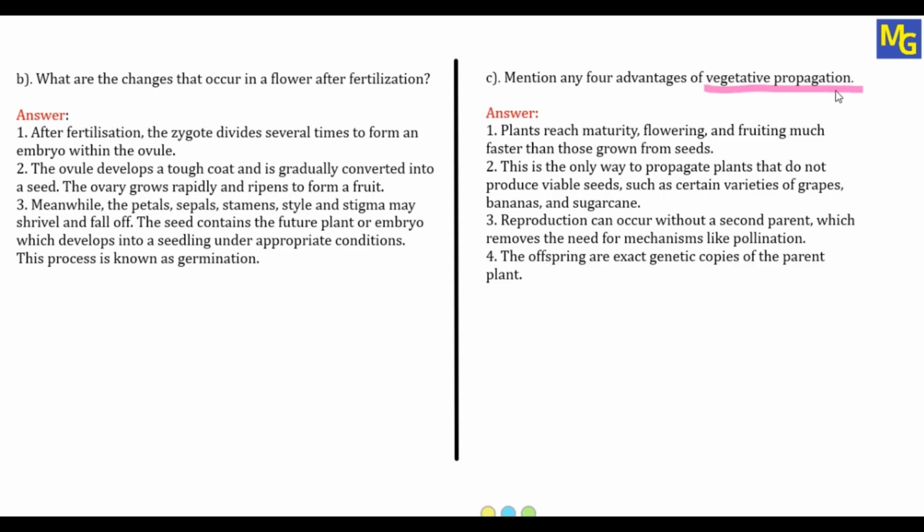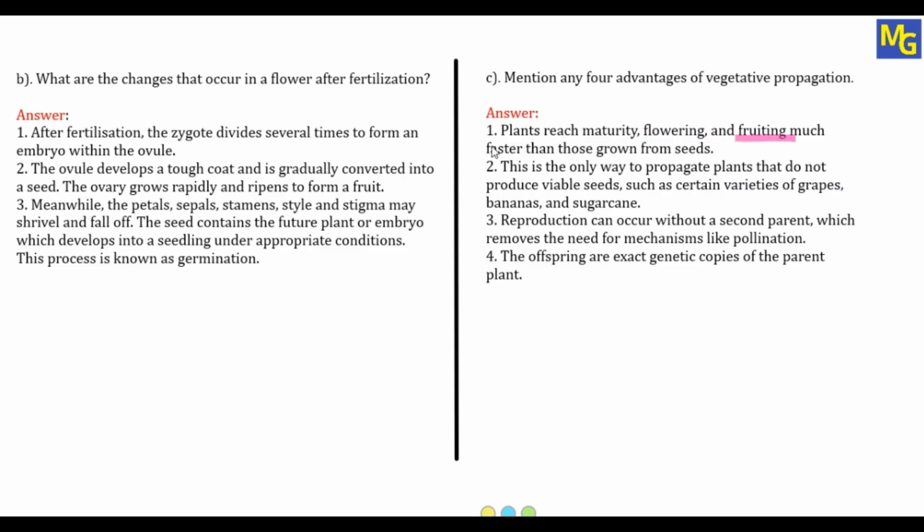So it is called vegetative propagation. It has some advantages and it may have some disadvantages, but in this question they have asked advantages. So see the answer. First one, plants reach maturity, flowering and fruiting much faster than those grown from seeds.